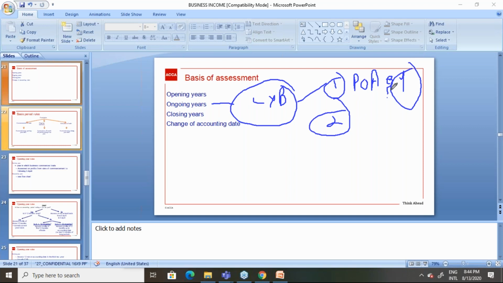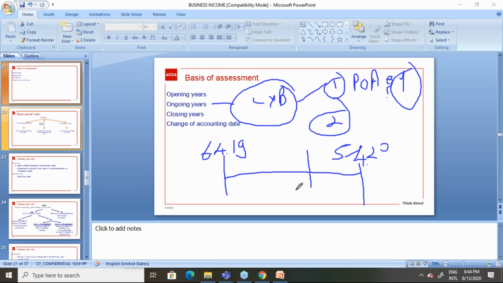Say your tax year is 2019-20, starting on the 6th of April 2019, ending 5th of April 2020. Your period of account ends on 31st December 2019.